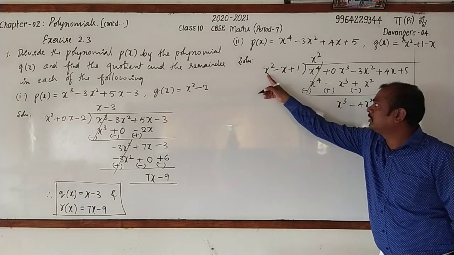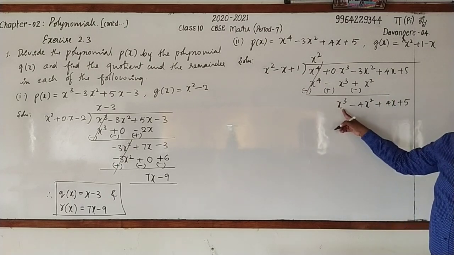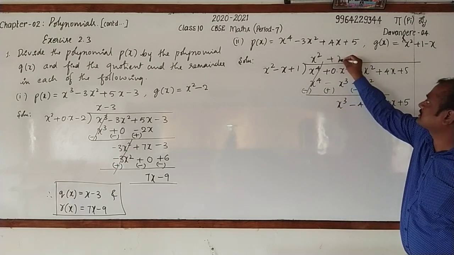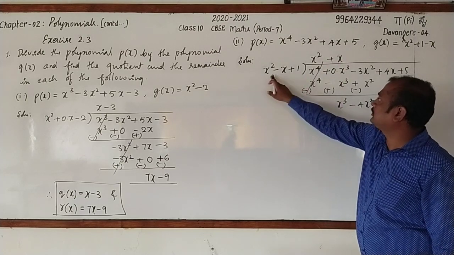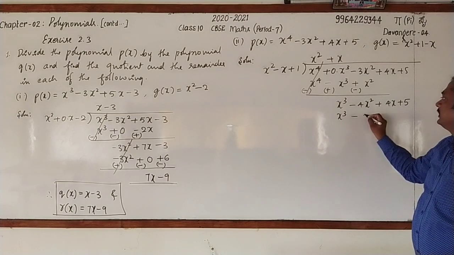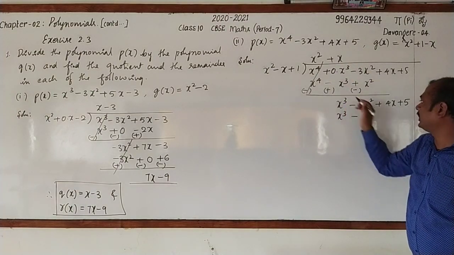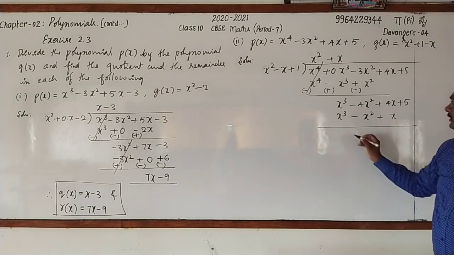Again equalize first term of both. What should be multiplied with x square to get x cube? It is just x only. Multiply this x with all the three terms. X into x square, x cube, x into minus x square, x into 1, x. Then change the sign.